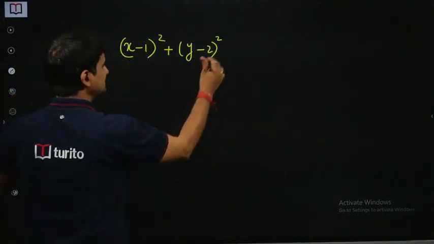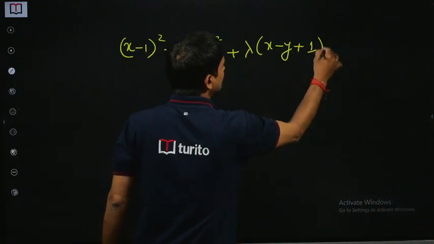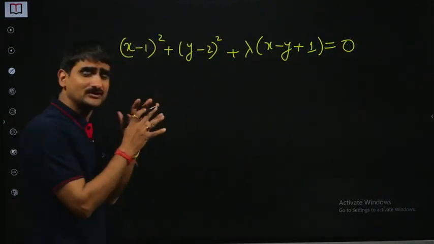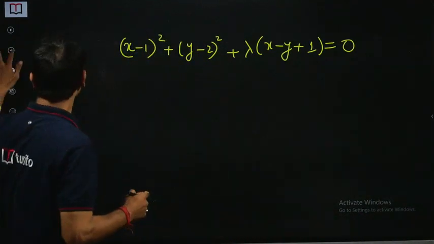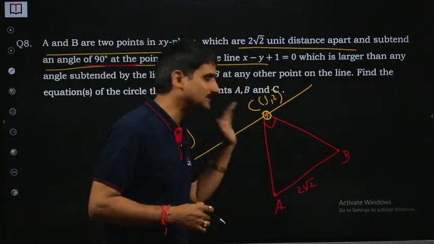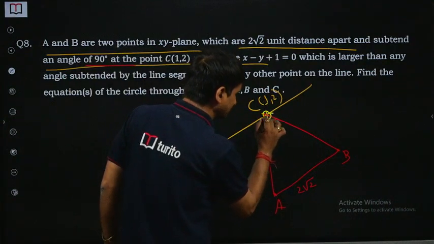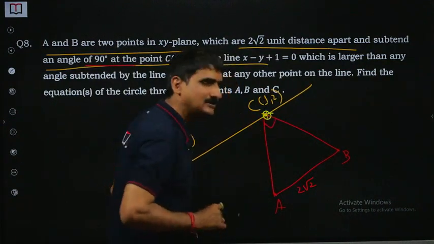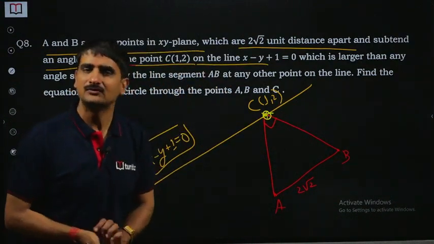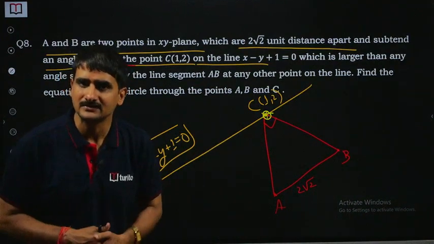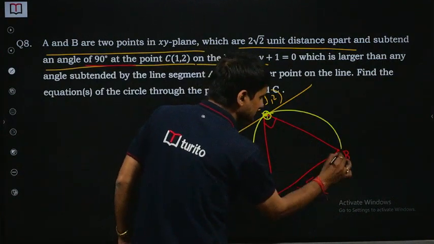So S plus lambda times the equation of the line gives us all possible circles which touch this line at this point. Why will it be a circle? Because the circumcircle, of course, this angle is 90 degrees. Any chord subtends a right angle only when the chord is the diameter of the circle. So this chord has to be the diameter.